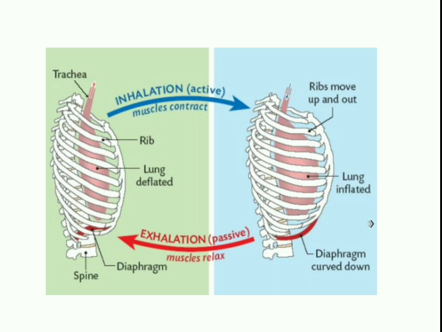While going with inhalation, muscles undergo contraction leading to the inflation of the lung, whereas in the case of exhalation, both the muscles undergo relaxation leading to deflation of the lung, and automatically it allows air to move from the internal atmosphere to the external atmosphere.